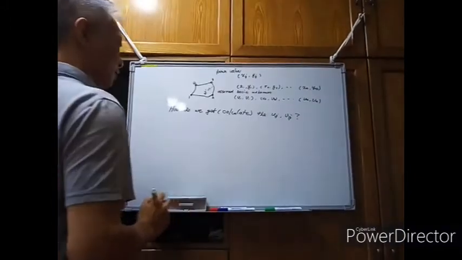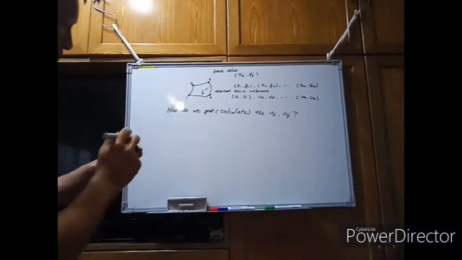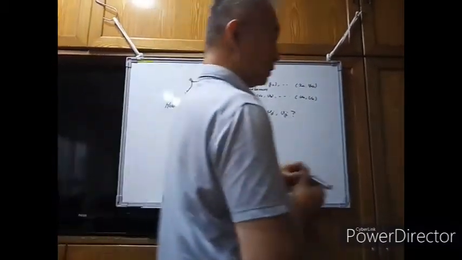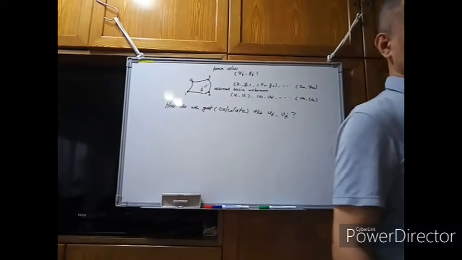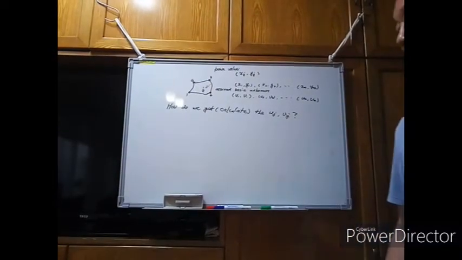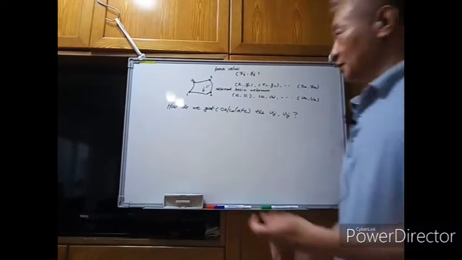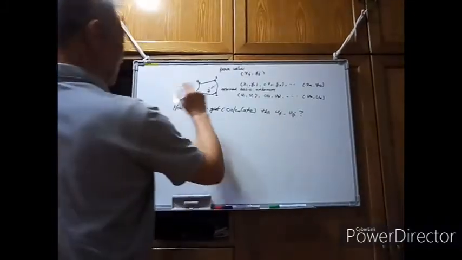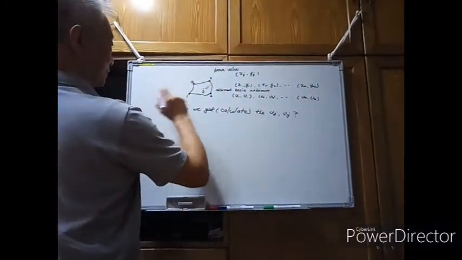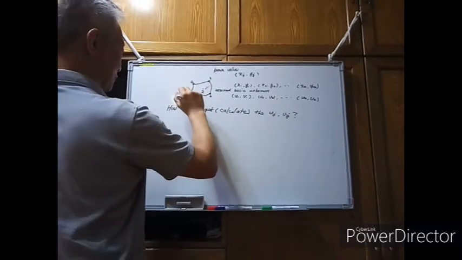Okay, how can we calculate the uj and the vj? First we need to find the corresponding locations, the j points. We have that this one is the real element, which is in the xy plane.